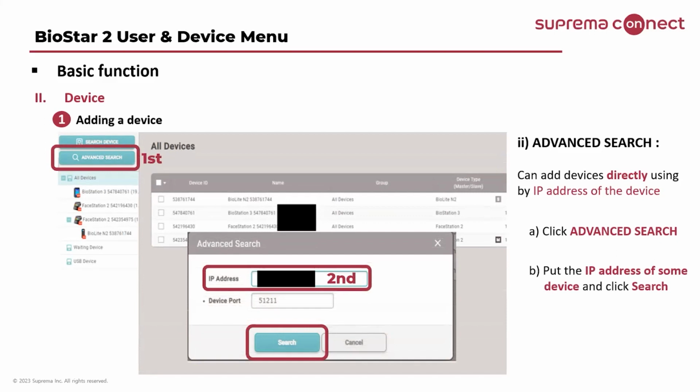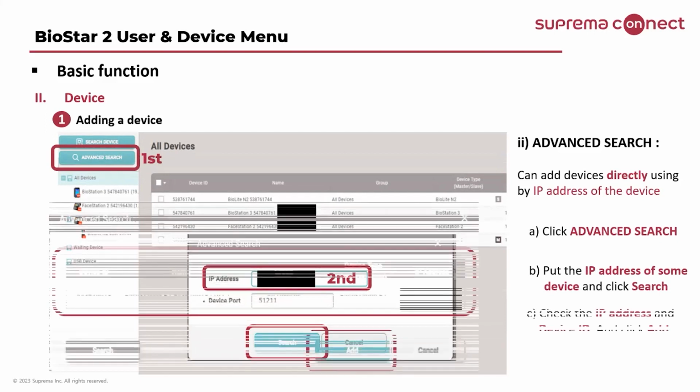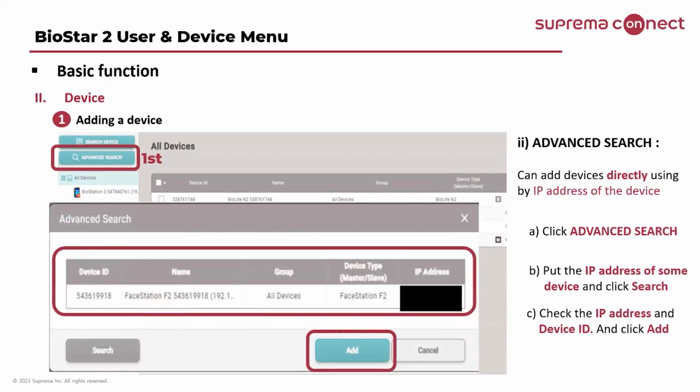At this time, put the IP address of the device. After that, the searched device will be shown in the pop-up. Then check the IP address and device ID, and then click Add if those information are correct. After that, device will be added successfully.